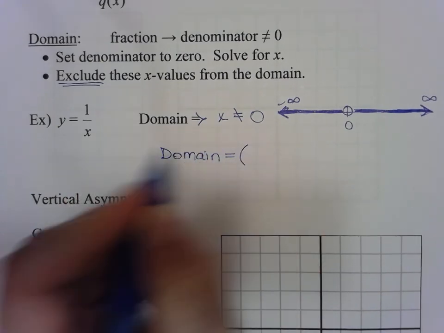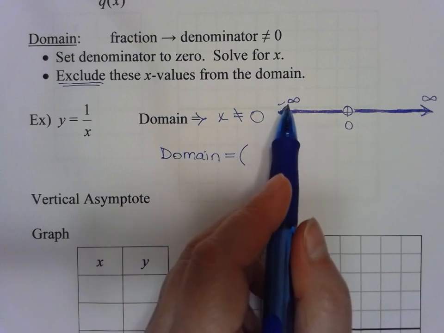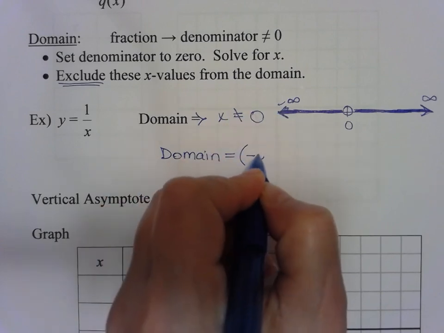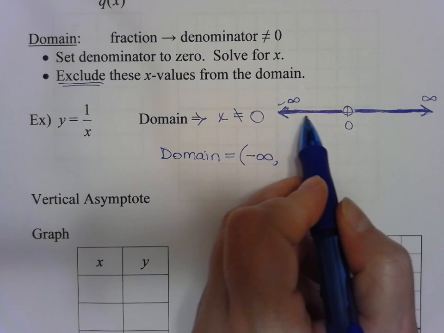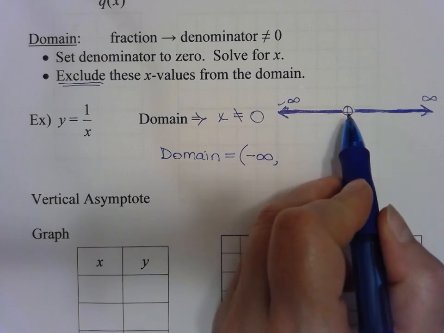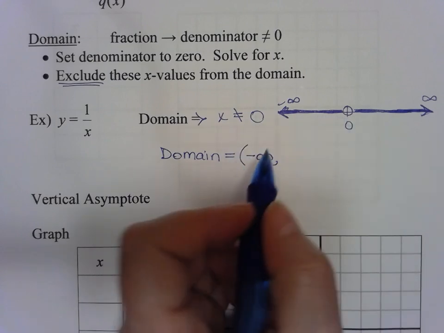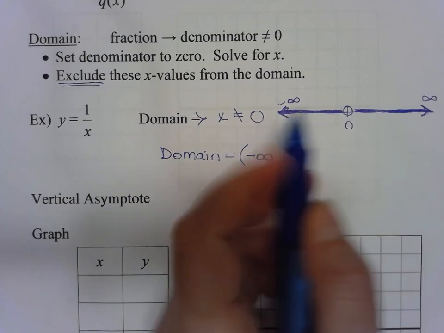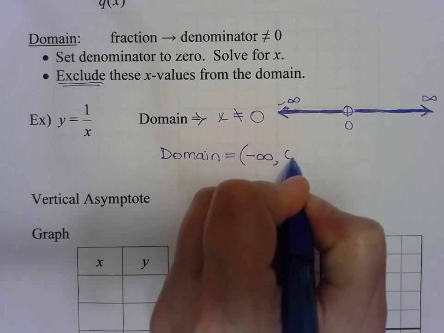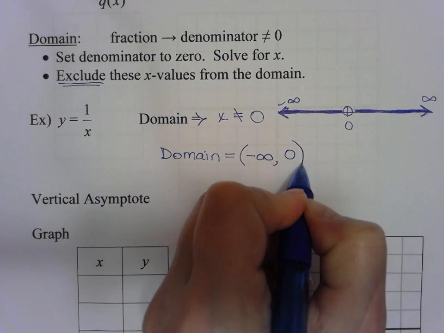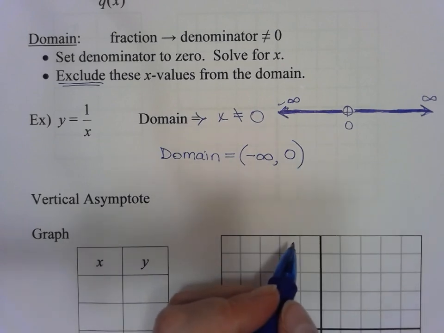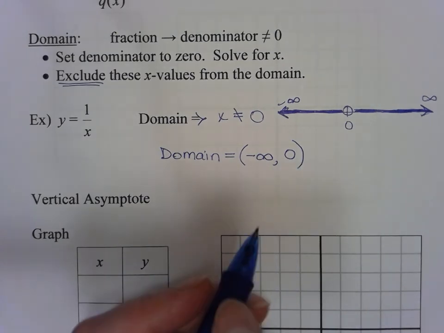So my domain, I'm going to list it in interval notation from left to right. So I'm going to start at negative infinity all the way up to 0, but I don't want to include 0, so I'm going to go all the way up to just before 0. But I'm still going to write the 0 here. I use the parentheses to show that I'm stopping just short of 0.